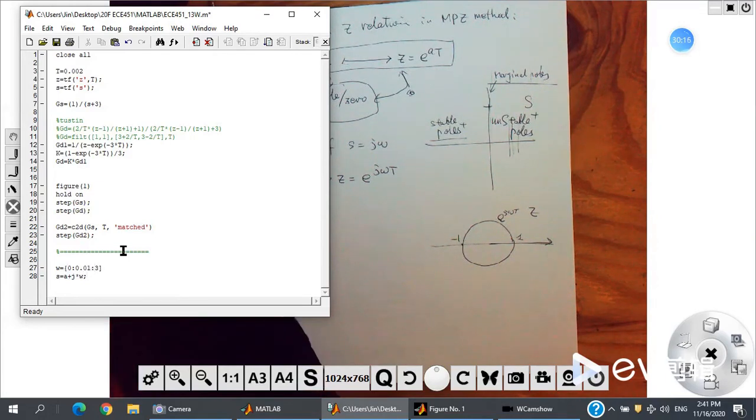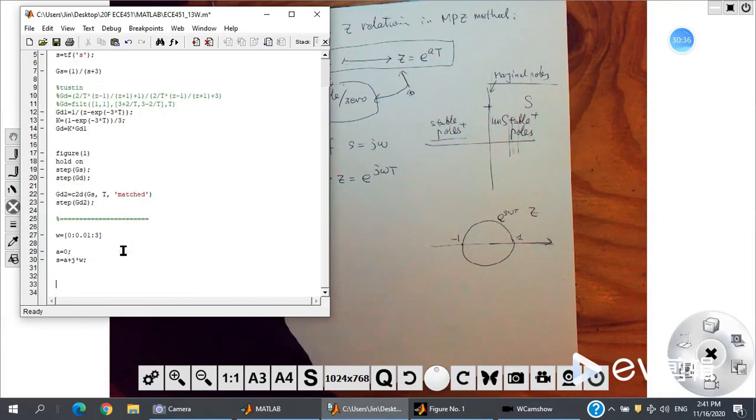And S equals A plus j omega, where A is a number. For example, if A is 0, then this will give us the marginal points. For all omega, this S runs along the marginal line: just an imaginary part, no real part.